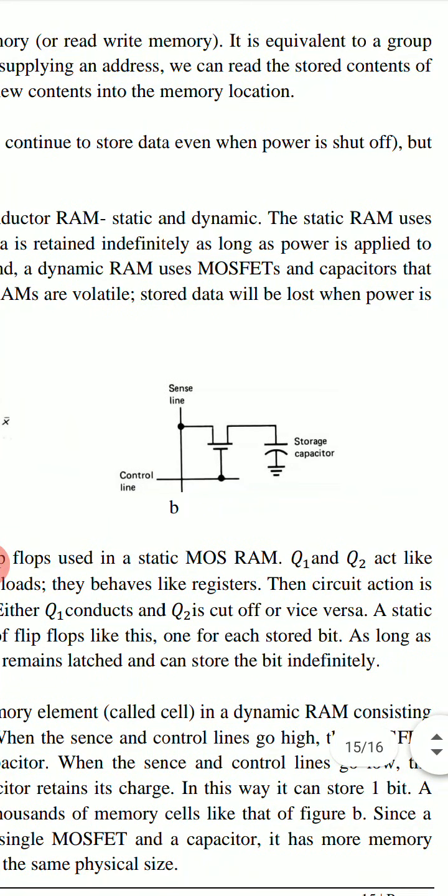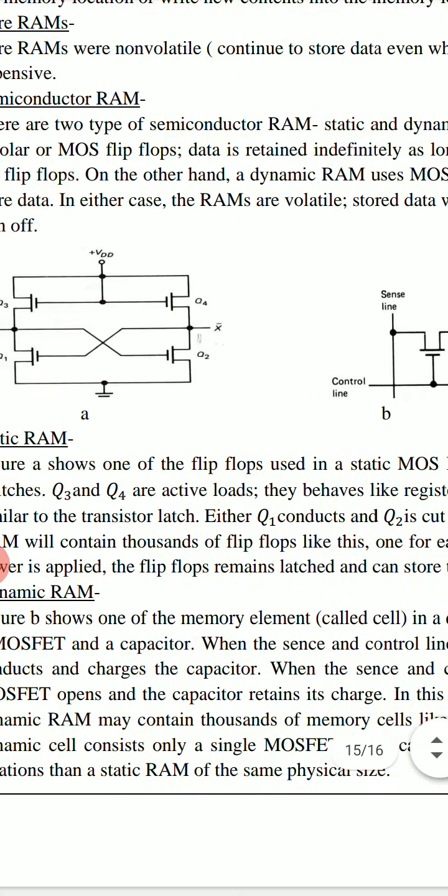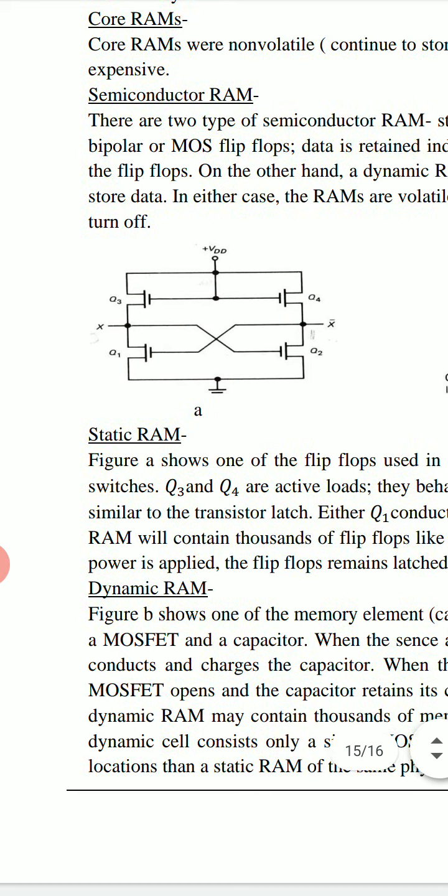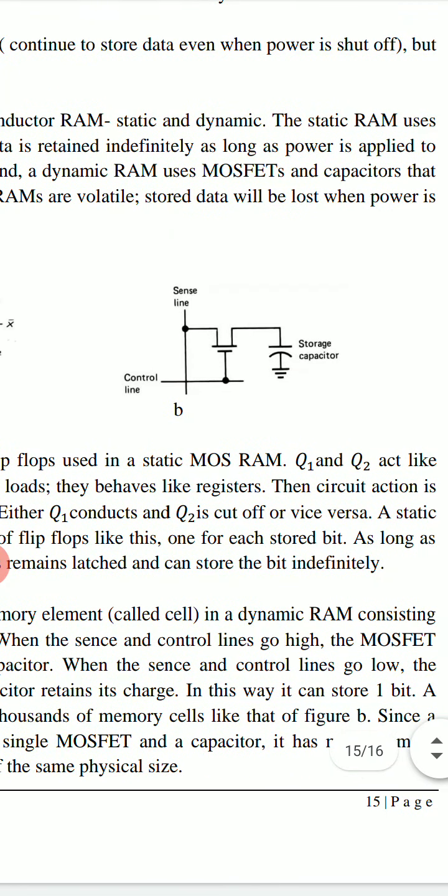And in a dynamic RAM, we use MOSFETs and capacitors. This figure A shows static RAM and this figure B shows dynamic RAM.